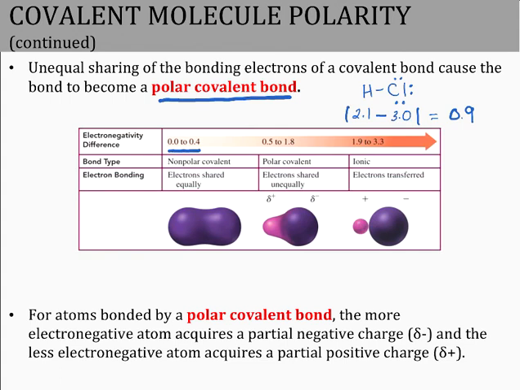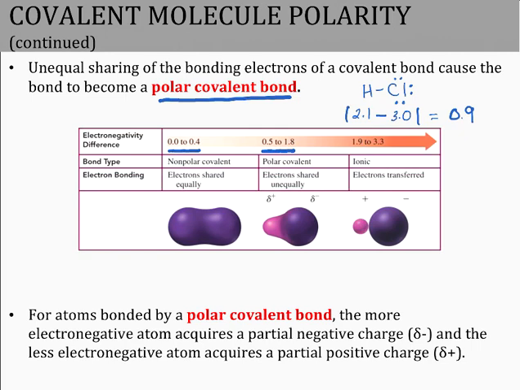So we're going to say that the electrons are shared equally between those two atoms. If the difference in electronegativity is in the range of 0.5 to 1.8, that means we have a polar covalent bond. So electrons are shared unequally, and one atom is going to kind of hold on to electrons a little bit more than the other atom.